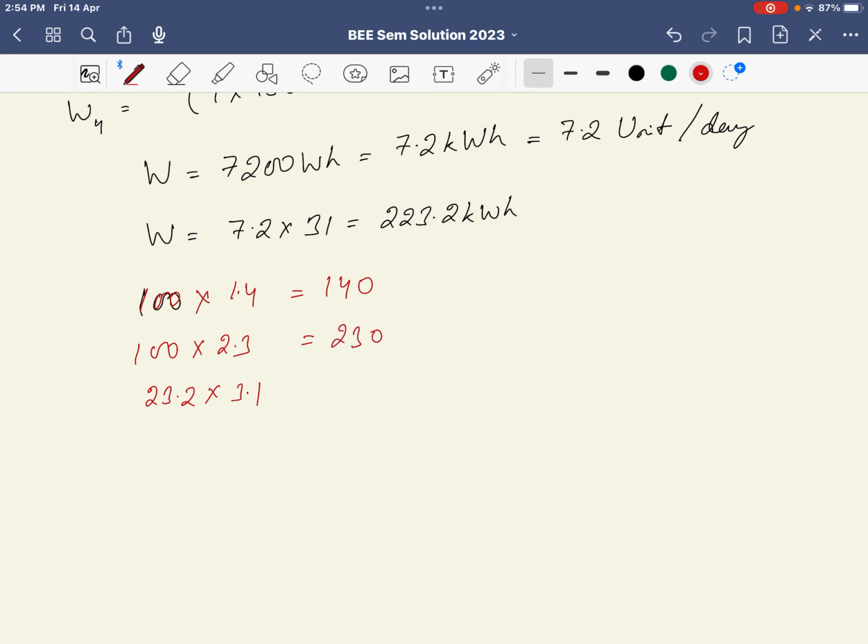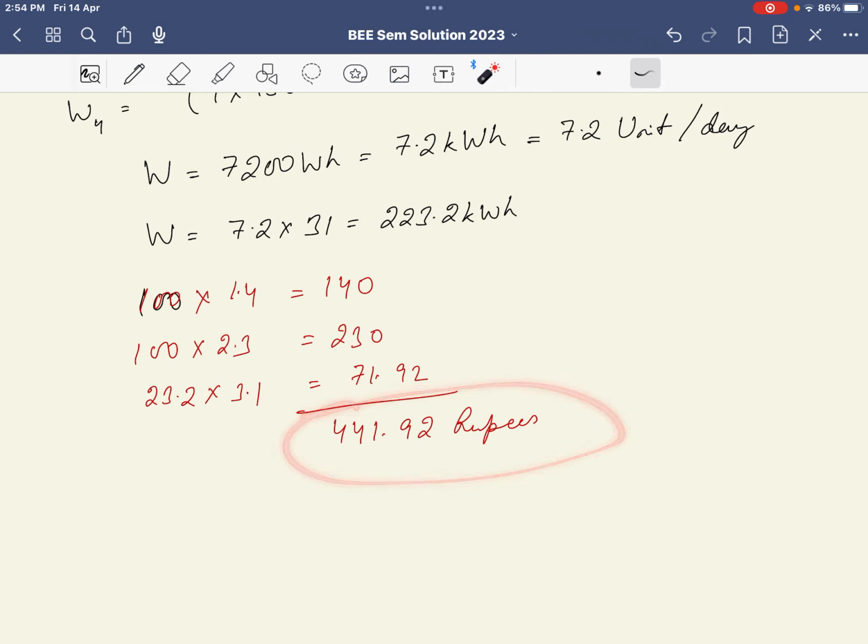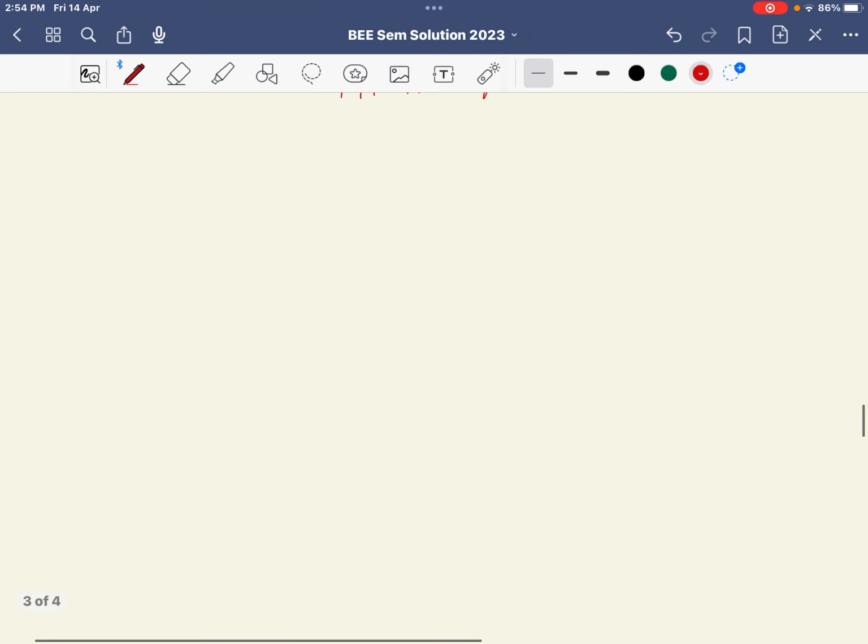So 140, 230, and 23.2 into 3.1 is 71.92. Adding 230 plus 140 gives 441.92 rupees. This much will be the charges for consumption of that much power in the month of January. So this is one problem.